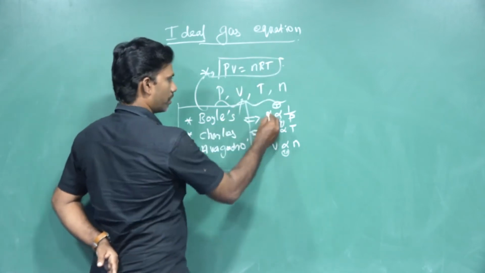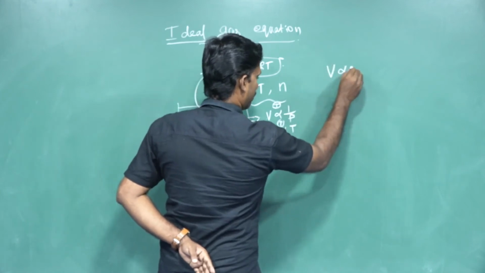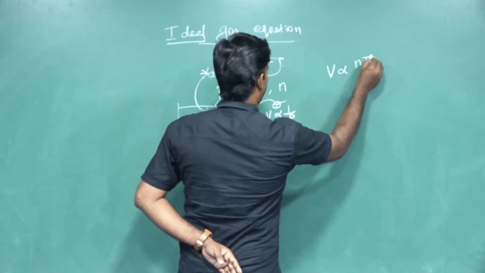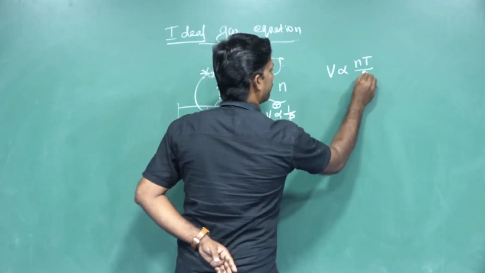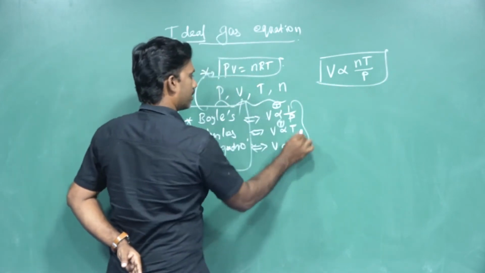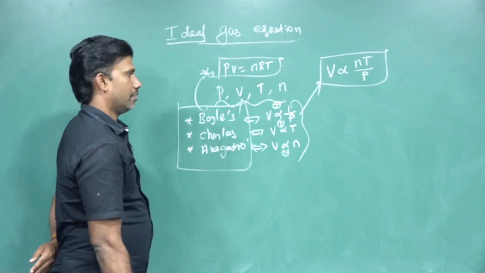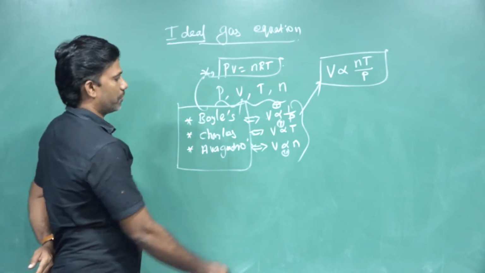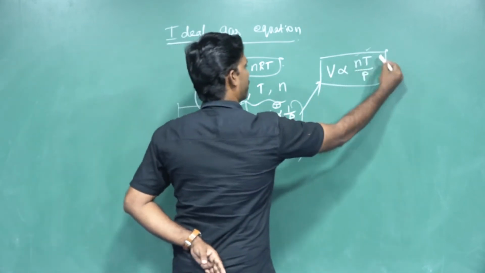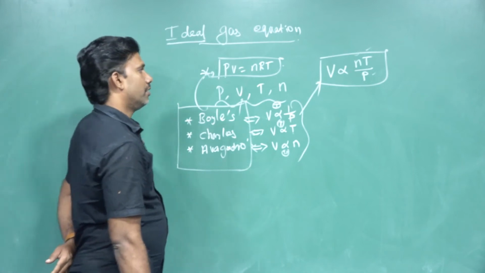By using these three, we can come to the conclusion to get an ideal gas equation. How? All three laws say that volume is directly proportional to n and T and inversely proportional to P. You know very well, n is the number of moles, T is the temperature, P is the pressure, and V is the volume.